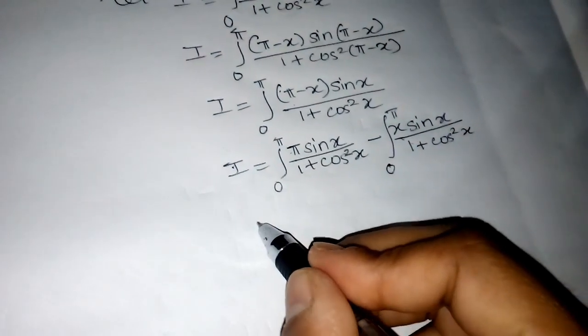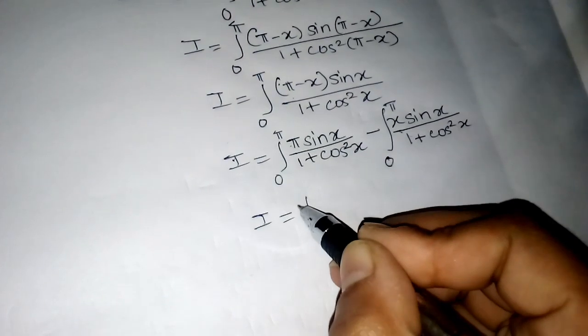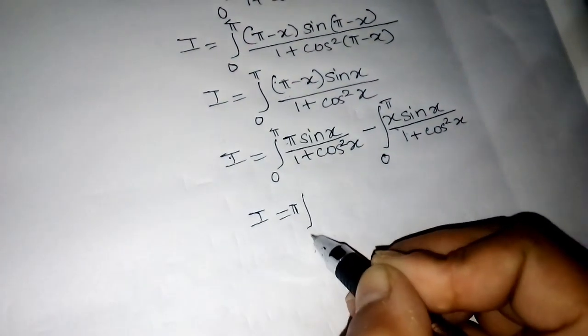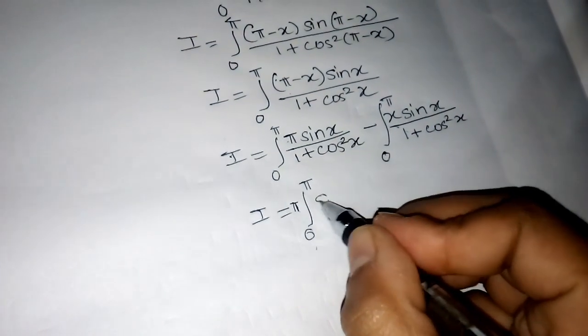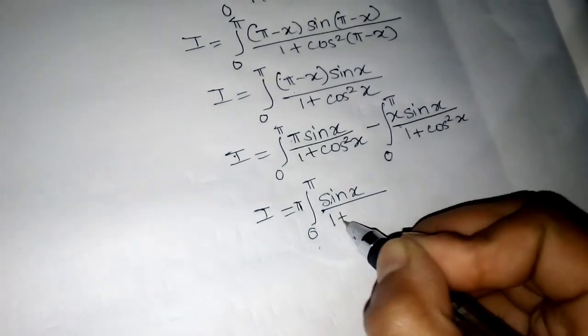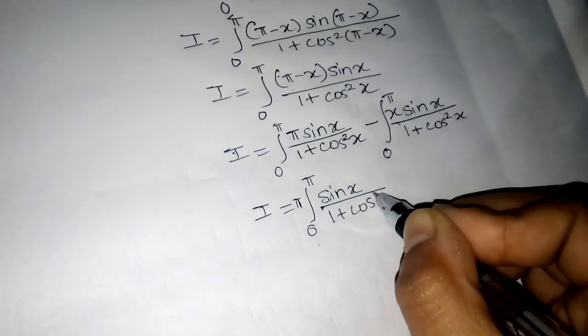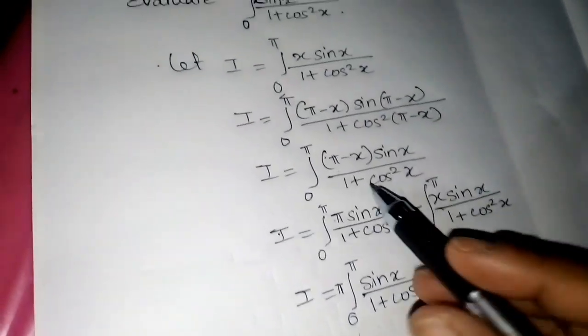So after this, I equals the integration, pi is a constant, so integration from 0 to pi of pi, and then we have sin x upon 1 plus cos square x, minus this term, which is I, as we have considered over here.